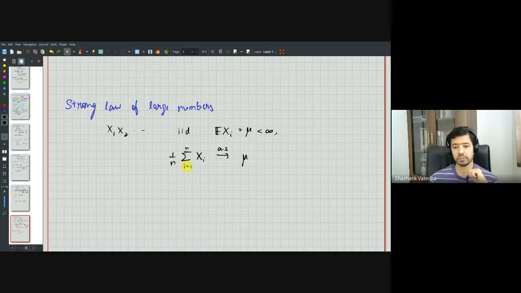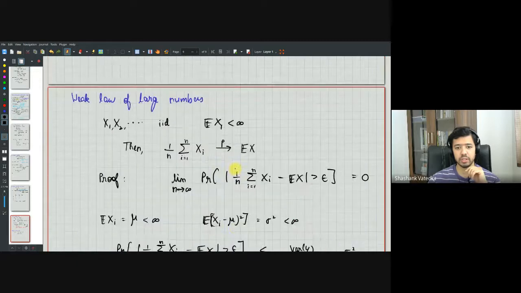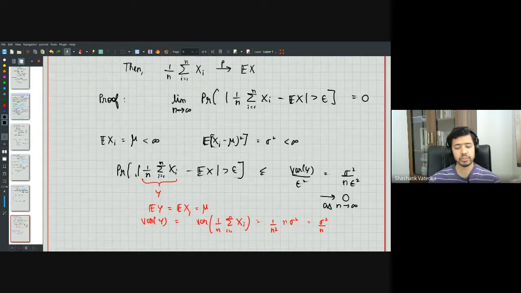Okay, so the sample average converges almost surely to the true average. Now these assumptions are generally not enough. So if you want a simple proof, then these two assumptions are not good enough.